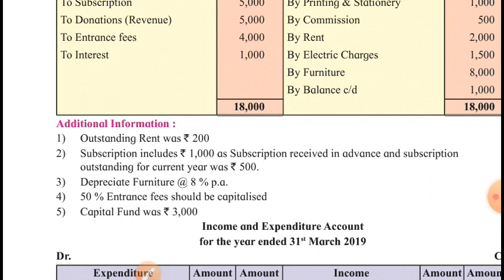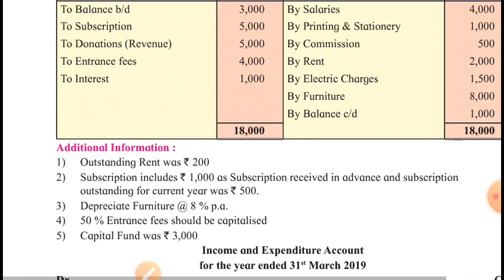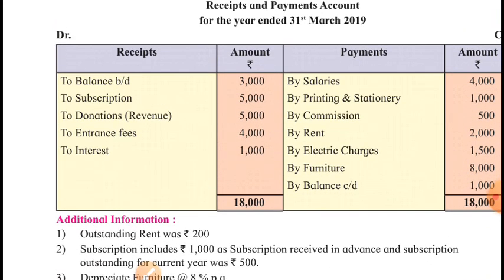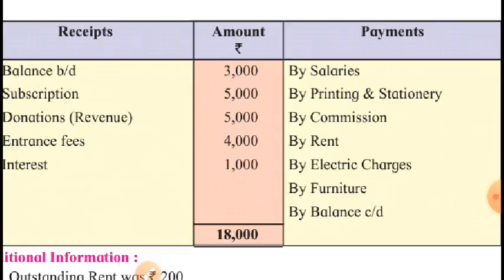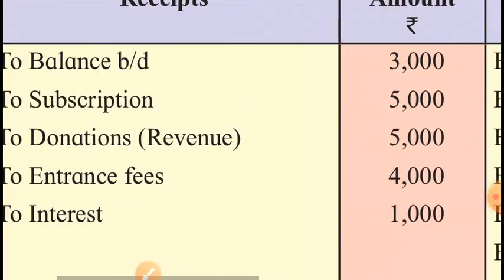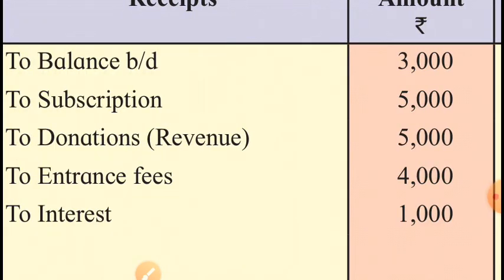Thereby, the exact total amount of subscription for this year will be shown in the outer column. What will be the amount that will appear in the outer column? See, out of rupees 5,000 received this year, 1,000 are for the next year.